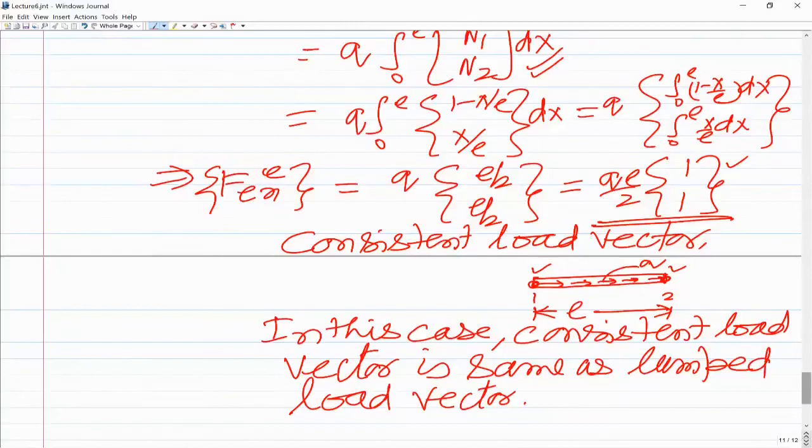In the next class, that is on Monday, I will talk about how to assemble, how to impose the boundary condition, how to solve the equations, and then how to do the post processing. And if time is there, then I would start the quadratic element. So this is a linear element, which means the displacement u is a linear function of capital X within the element. Then I will talk about the quadratic element.